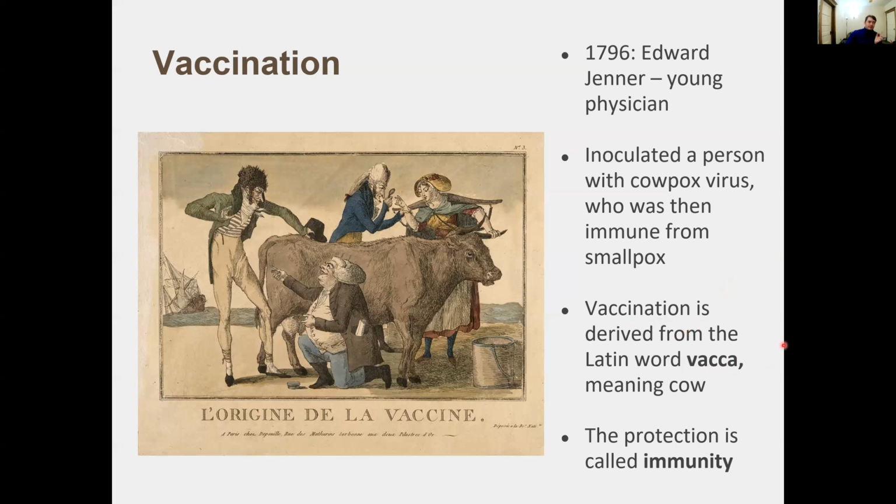It's because of Jenner's work with the cowpox and the 8-year-old boy. And the protection provided by vaccination is then called immunity. He was also the pioneer of the smallpox vaccine, which was widely seen as the first vaccine.